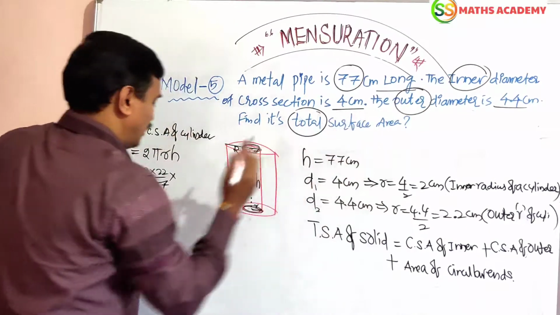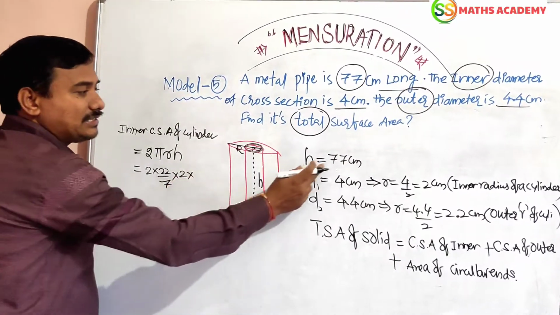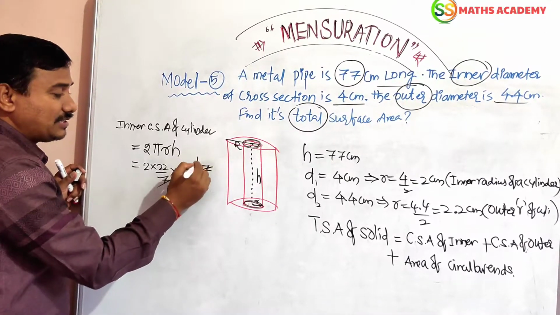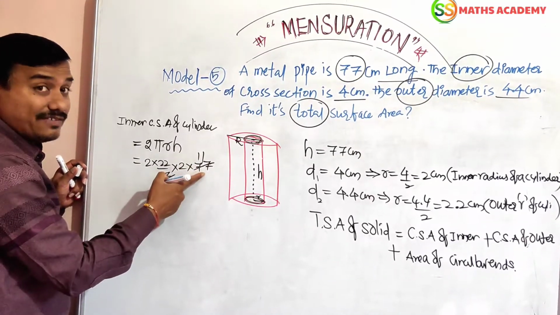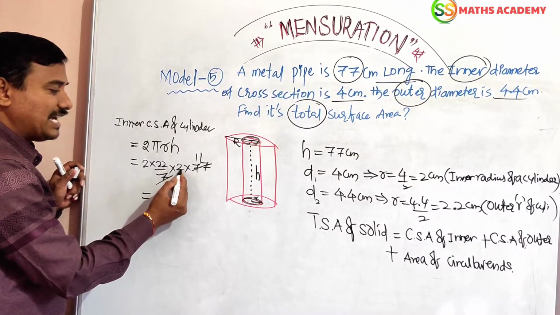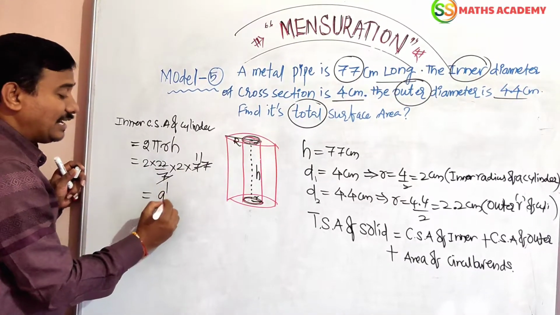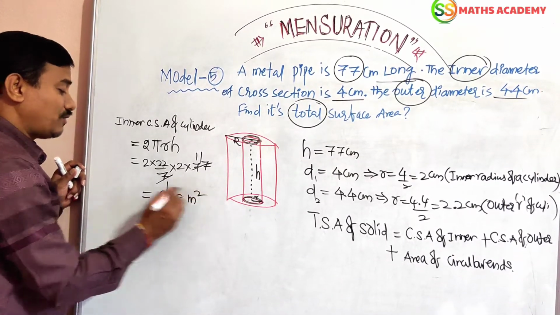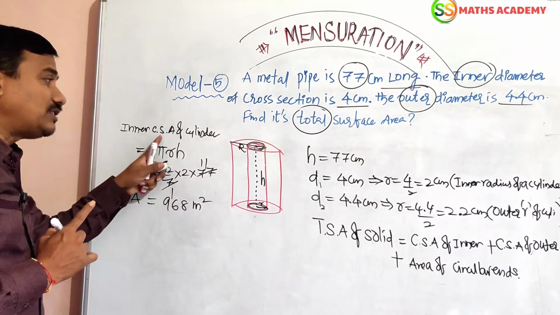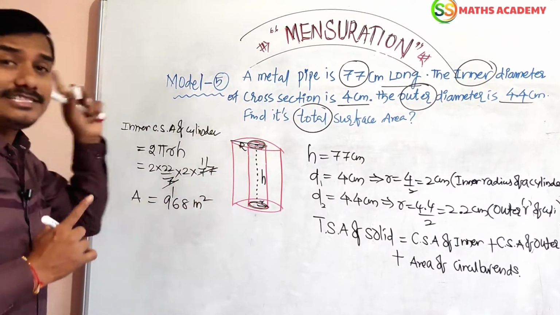Inner radius is 2 centimeter. Now the height, the same height, 77 centimeter. 7 ones are 7, 7 elevens are 77. 2 into 22 is 44, 44 into 2 is 88, 88 elevens are 968 centimeter square. This is the curved surface area of the inner cylinder.